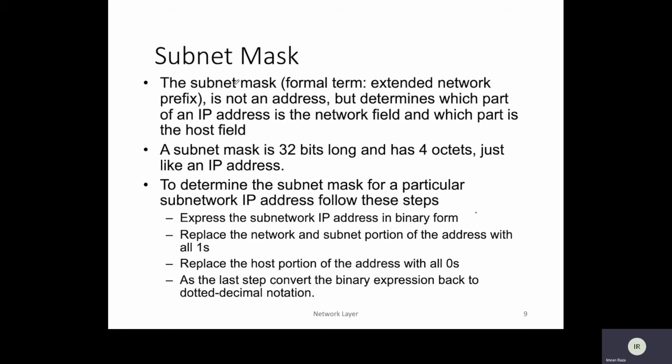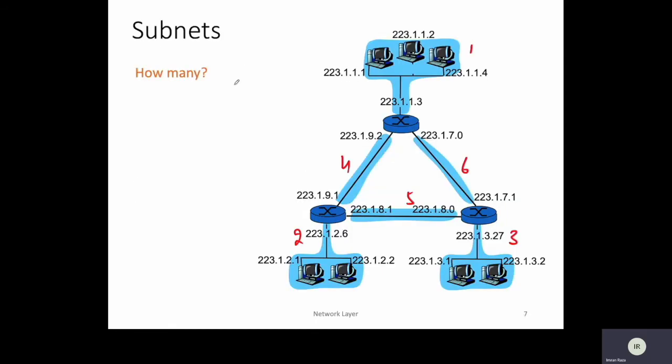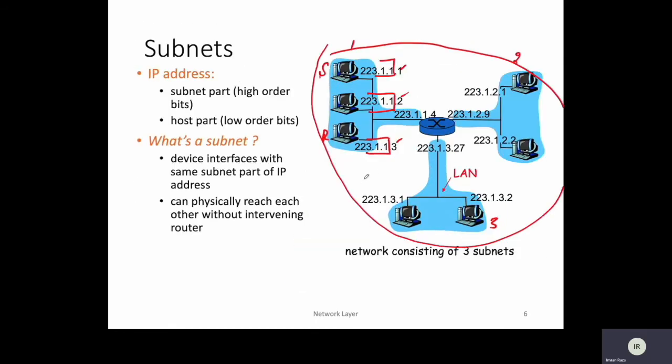For example, say this is the boundary router connected with the internet through another router. This router is connected with the internet through R2, and this is R1.